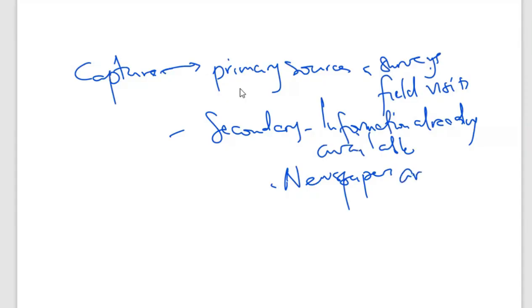Or we can refer back to maybe census information. We know the government does the population census, which is also equally important in the study of demography in geography. We can refer to those census presentations and capture the information for use in geography. So basically, that's how we can capture the information.